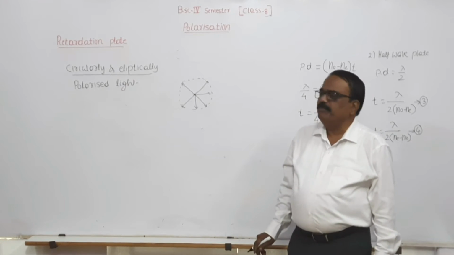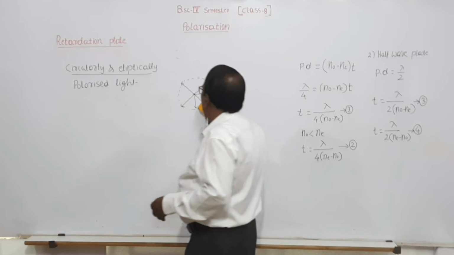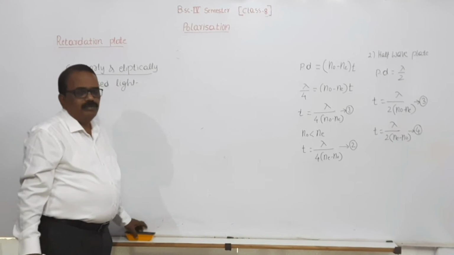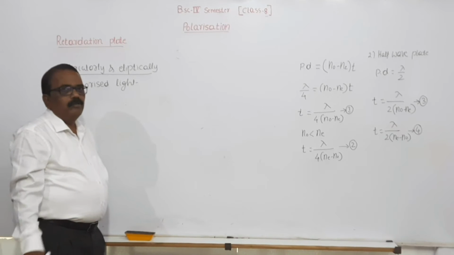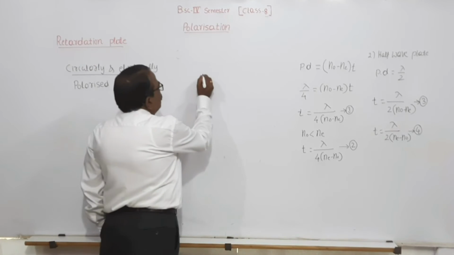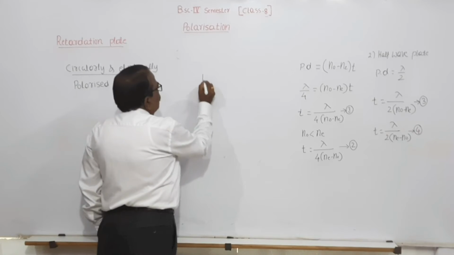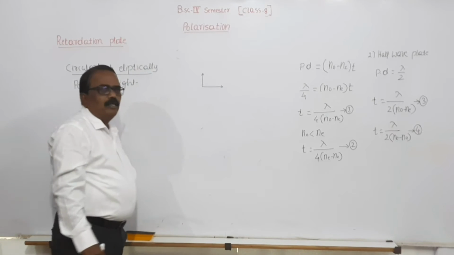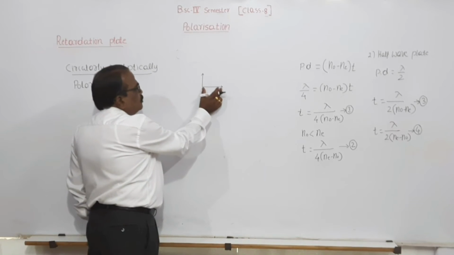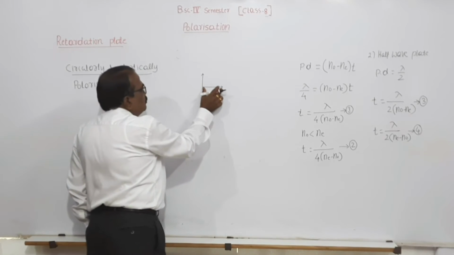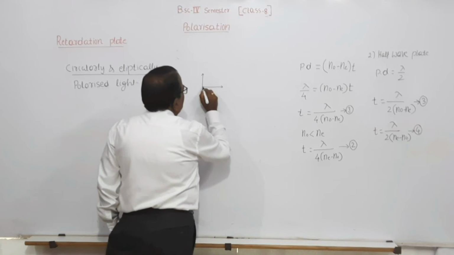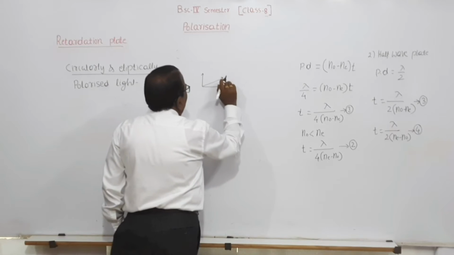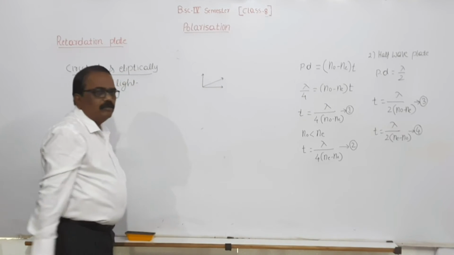And what is elliptically plane polarized light? If two plane polarized lights of different magnitudes superpose, different magnitudes meaning the length is different. Assume that this is one plane polarized light and this is another plane polarized light. The magnitude of this vector is maximum. Now the resultant of these two is in this direction, not exactly at the center.